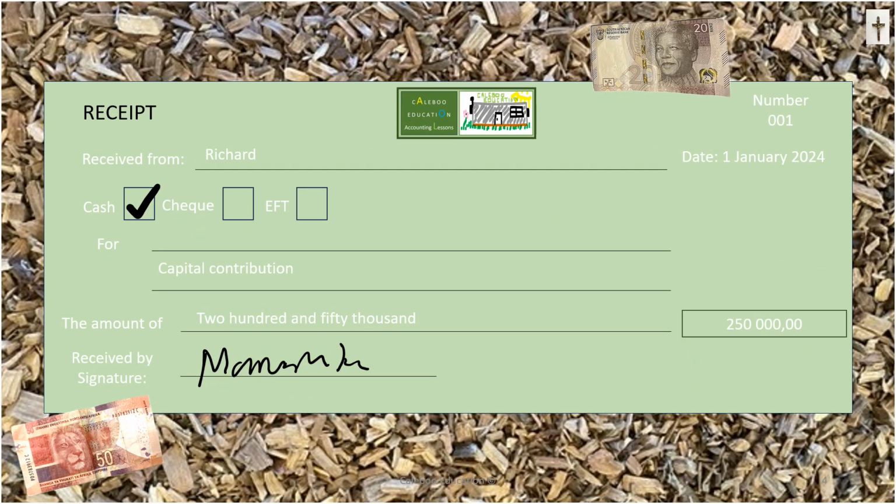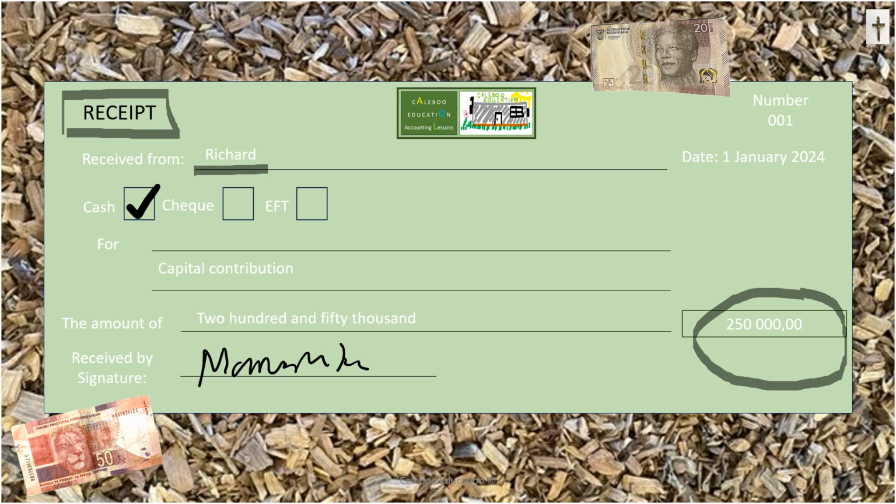Every single transaction is documented. Here, in order to record the first transaction, where myself, Richard the owner, made a capital contribution of 250,000, and this was made in favor of Richard's business, Calibu Education Accounting Lessons.